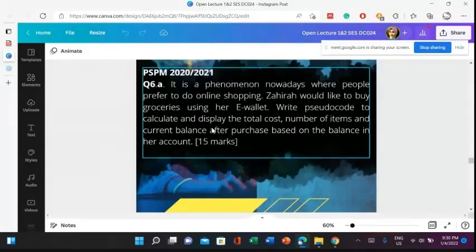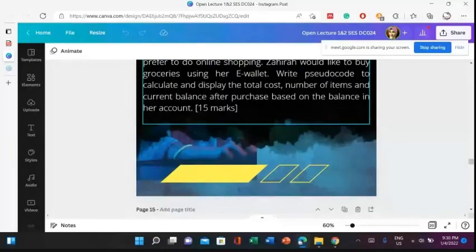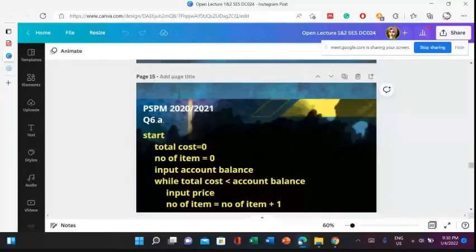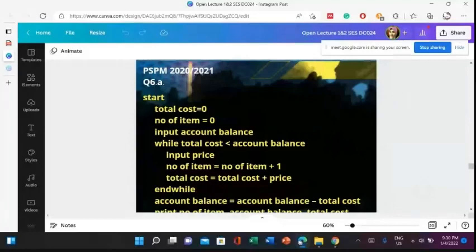So we have 3 outputs here: 1, 2, 3. This is quite a tough question. When I mark, a lot of students fail to give a suitable answer. So let's look at the answer scheme.